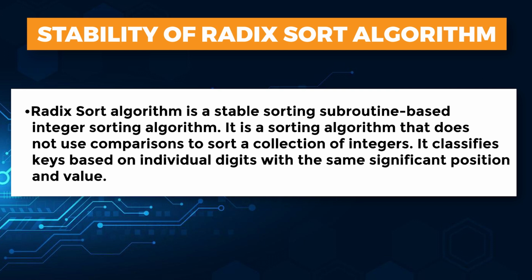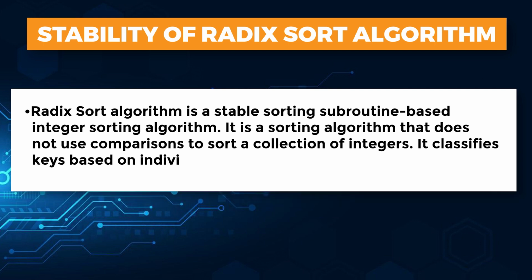It is a sorting algorithm that does not use comparison to sort a collection of integers. It classifies keys based on individual digits with the same significant position and values. Moving forward in this tutorial, we can see some of its benefits and drawbacks also.